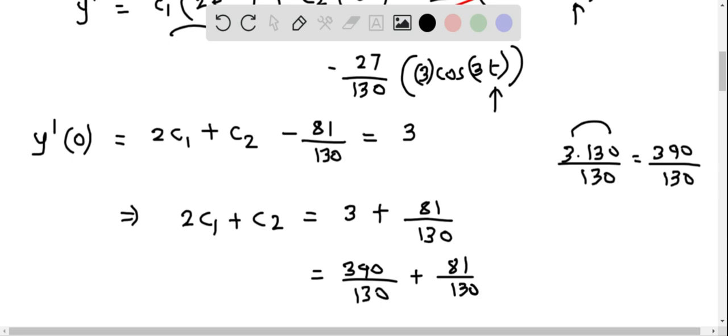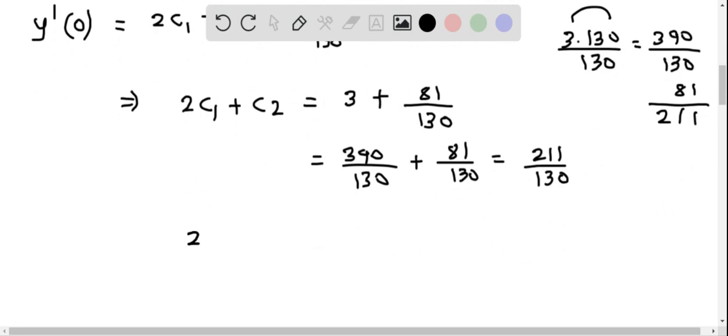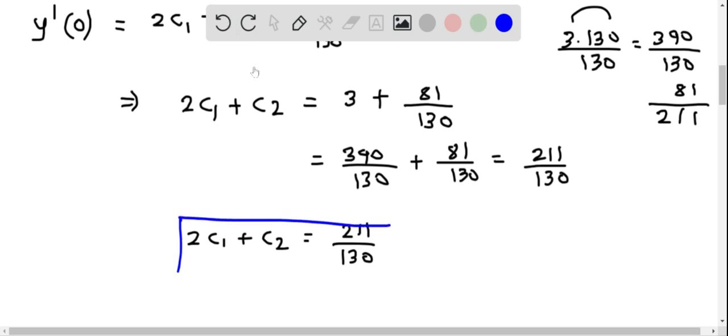Now we add 81, and this gives 471. So we have the equation 2c1 plus c2 equals 471 over 130. This is the second equation which we will utilize to solve for c1 and c2.